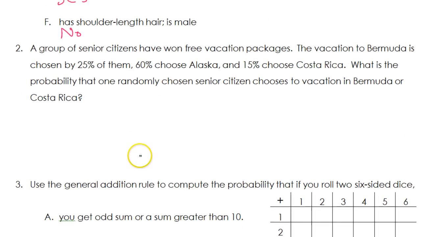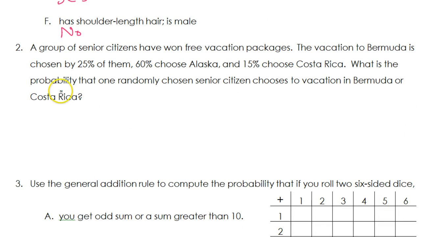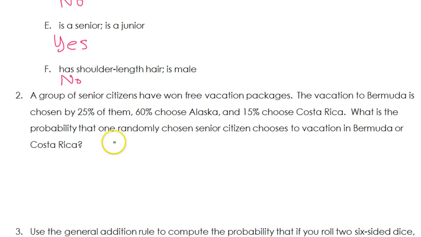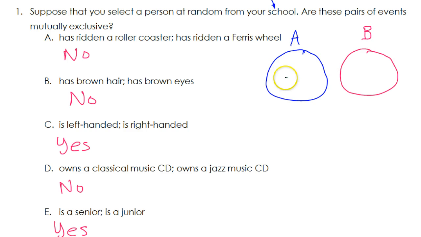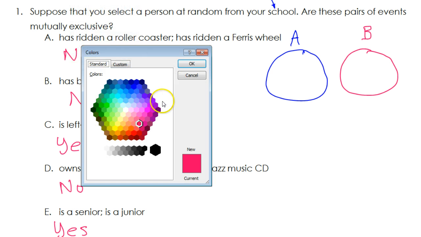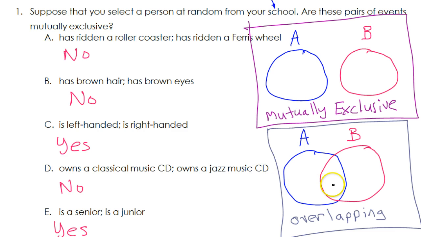I see it all the time. Okay, so that's the end of problem number 1. Hopefully you understand that this diagram represents two events that would be mutually exclusive, whereas this diagram represents two events that would be overlapping.